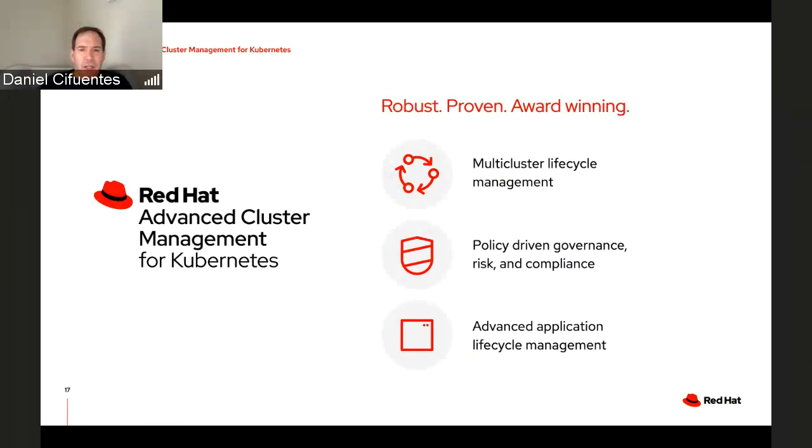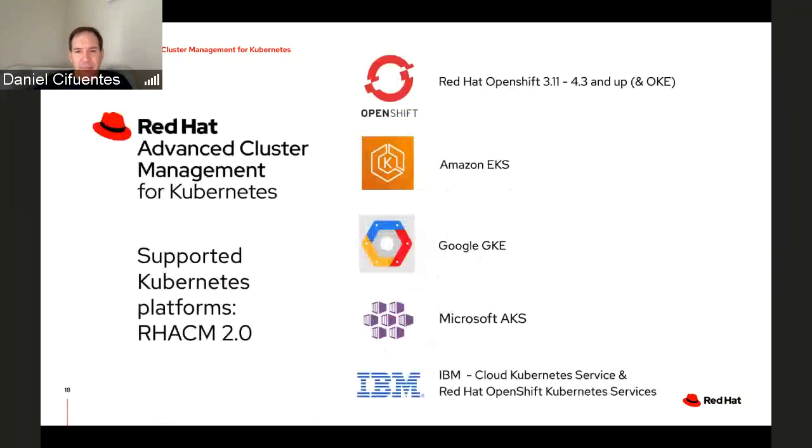And so, since I've said many times that it doesn't really matter where your clusters are and what type of clusters they are, I wanted to make sure that I brought to the table the things that we support today, and obviously the top of the list is OpenShift.